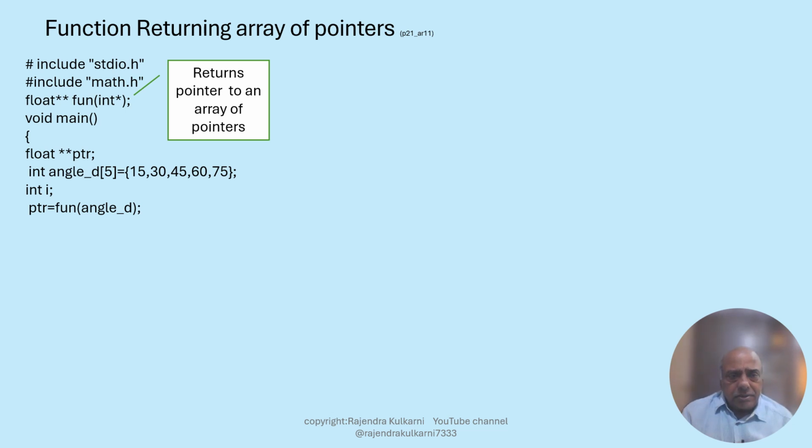So ptr is equal to fun into the bracket angle_d. This is the call to the function. We are passing the address of this array angle_d to this function.